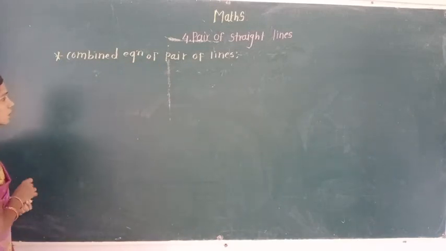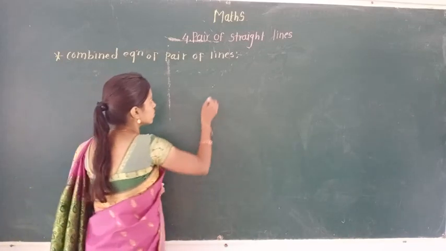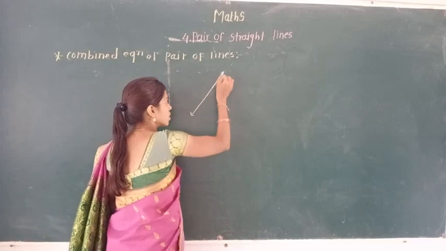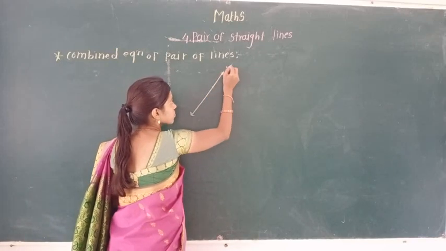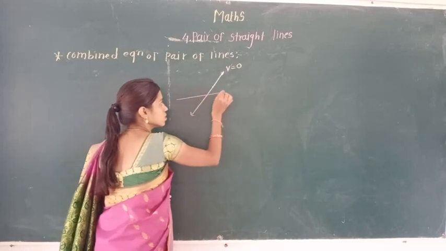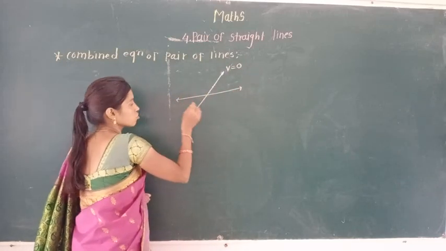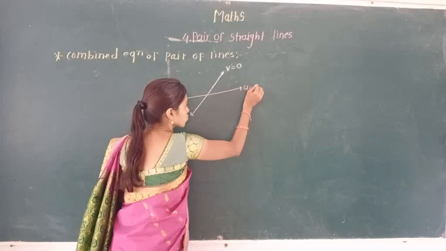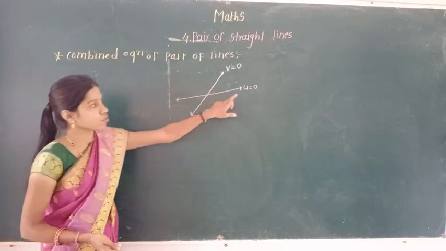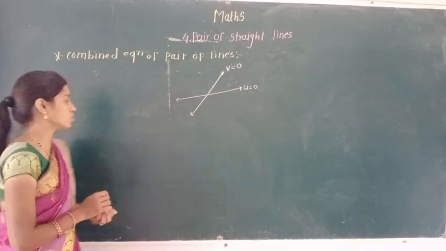Now, first of all we have to consider any two lines. Here is the first line, and the equation of that line is v is equal to 0. And here is the second line. The equation of this line is u is equal to 0. Now see how to find the combined equation of u equal to 0 and v equal to 0.